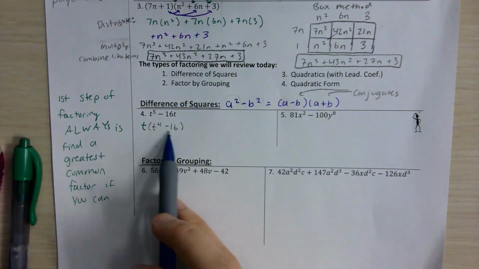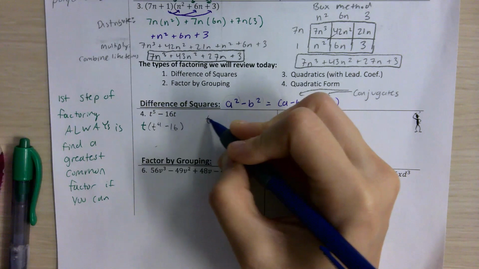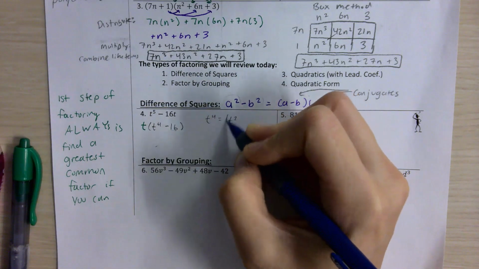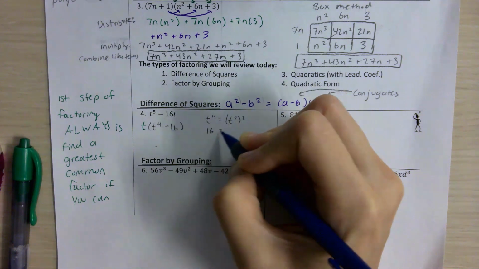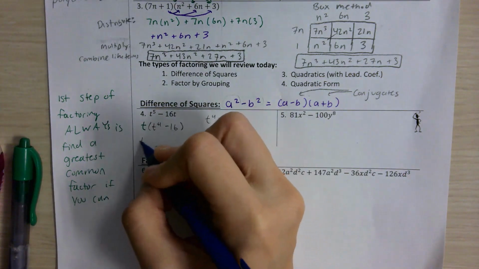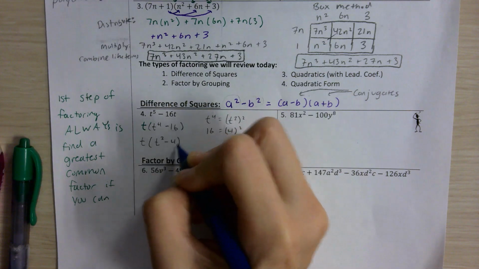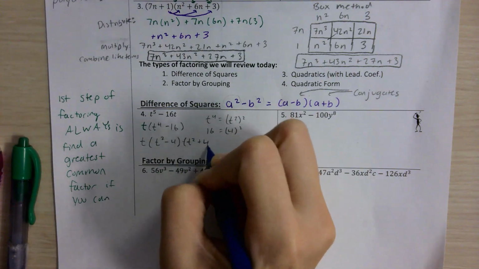So if we look here, we can see that these are both perfect squares, right? T to the 4th equals t squared squared, and 16 equals 4 squared. So we can write that as t squared minus 4, t squared plus 4.